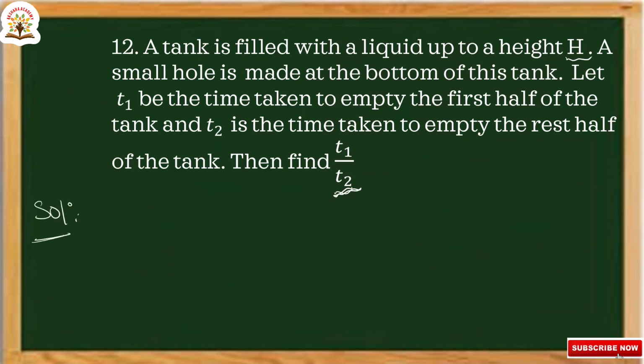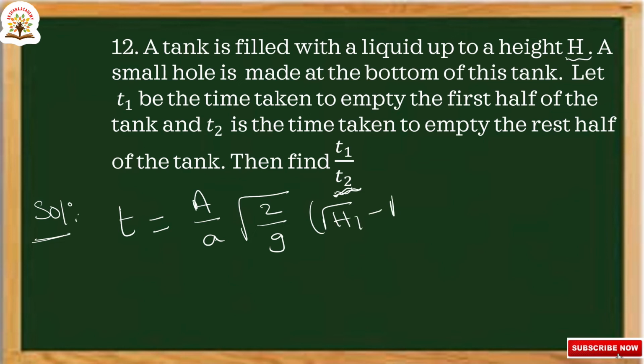Here, the time required to reduce the water level from H1 to H2, that is, we are calculating T. T is equal to A by a, root of 2 by g, into root H1 minus root H2. Now the time required to reduce the water level from H to H by 2, we are assuming that is T1.